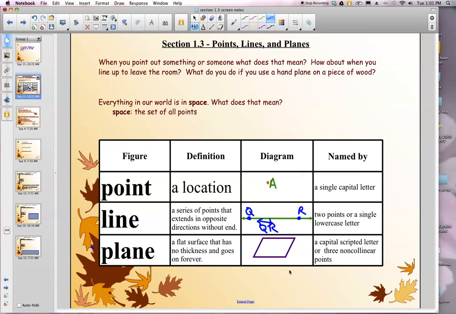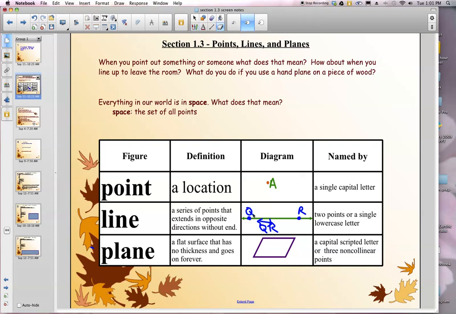And you've seen that before. So you would name the two letters, and if there's 16 points named on the line, you still only pick two. Pick any two you want, but only use two. And then put the line symbol over the top. That's one way to name a line.